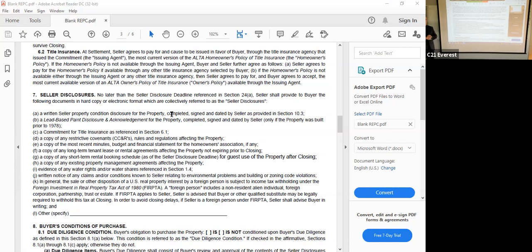And that is so incorrect. The seller disclosures are all of these items, A through K. And the seller, again, not the listing agent, the seller is obligated to provide those to the buyer by the deadline. So here is a very common problem.